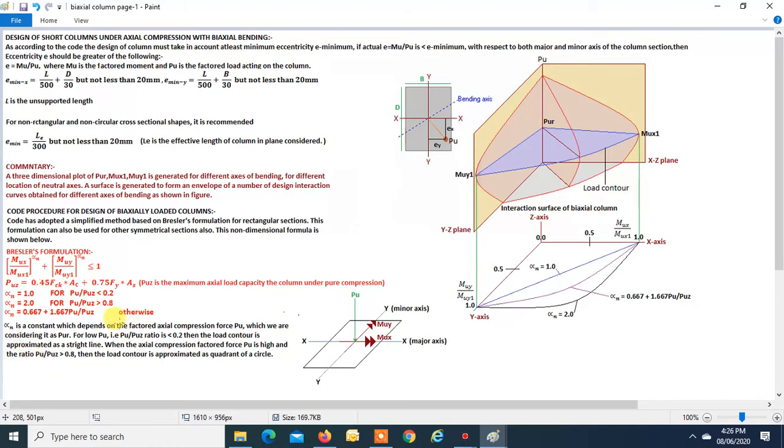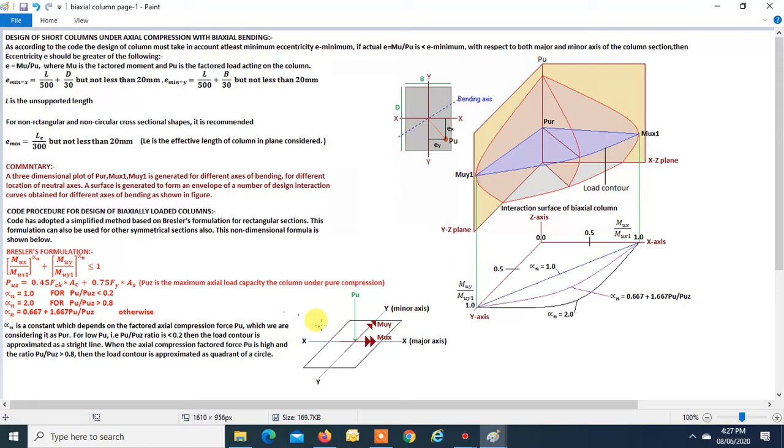When Pu is small, that is when the Pu/Puz ratio is less than 0.2, then the load contour is approximated as a straight line, where alpha n is taken as 1. When Pu is large, that is when the ratio Pu/Puz is greater than 0.8, then alpha n is taken as 2.